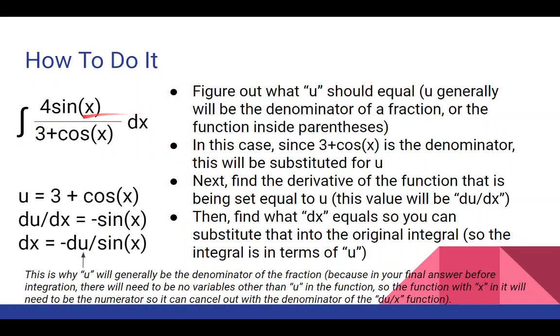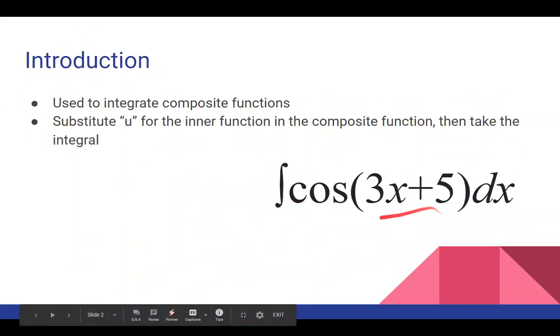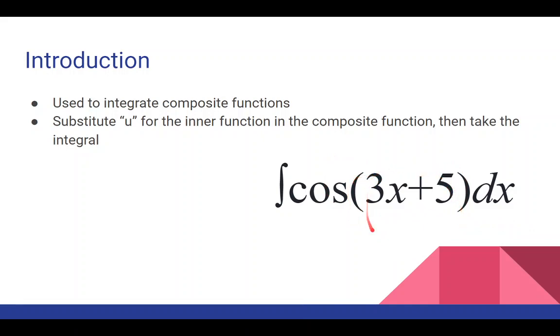So first step is figuring out what u should equal, and in a fraction like this with two different functions, it would generally be the denominator set equal to u. But if it's not a fraction, like this example, u would just be inside the parentheses, whatever is inside.